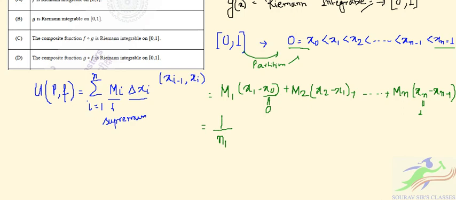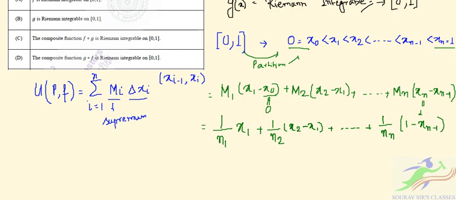Since x0 is 0, we can write 1 by n1 times x1, plus 1 by n2 times (x2 minus x1), and go on in this way up to 1 by n of n times (xn minus x of n minus 1).